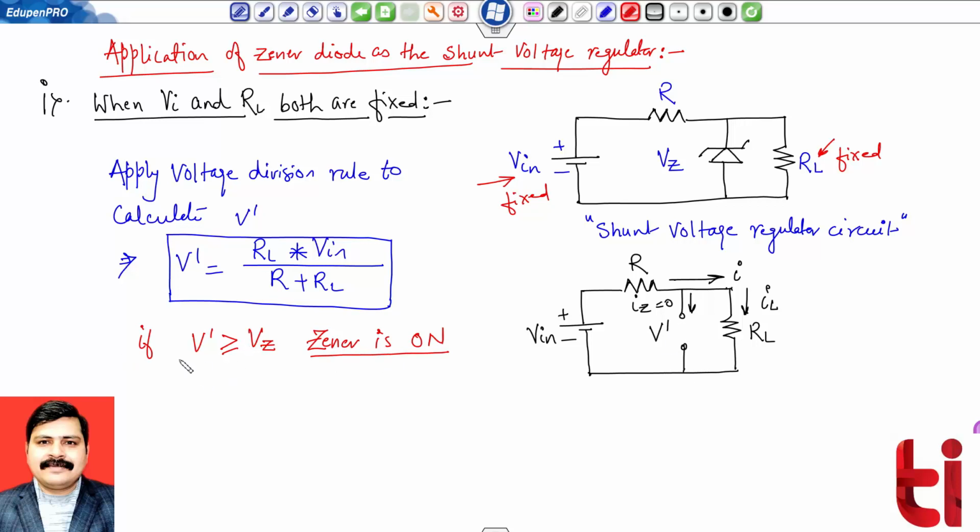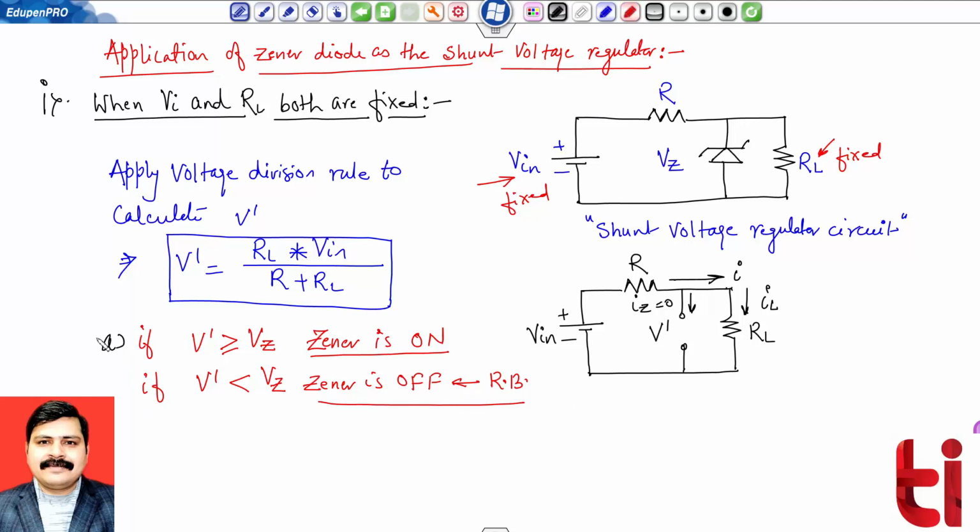However, if this condition is not satisfied, if V dash is less than Vz, that means Zener is off and it is working in reverse bias region. And you can see that in reverse bias region, the functionality of Zener diode is same as that of ordinary diode. Okay, so the behavior is an open circuit.